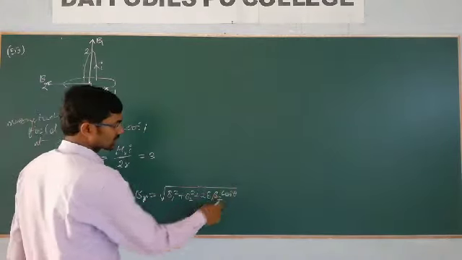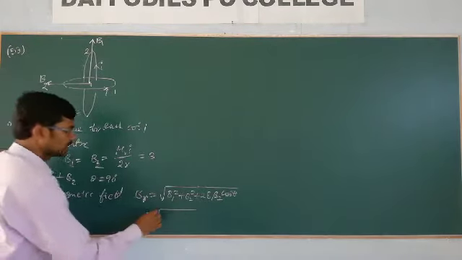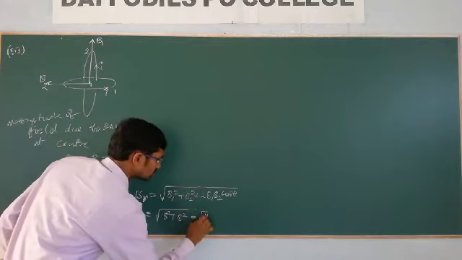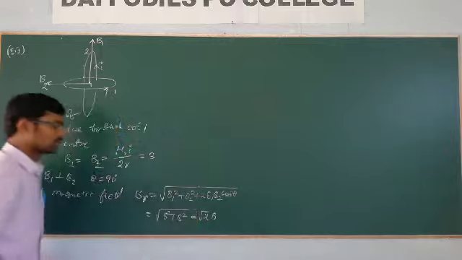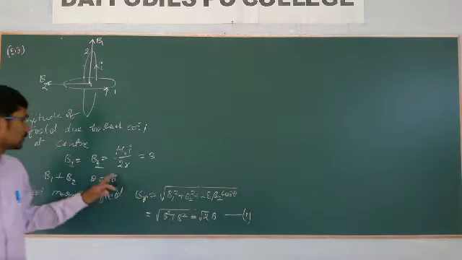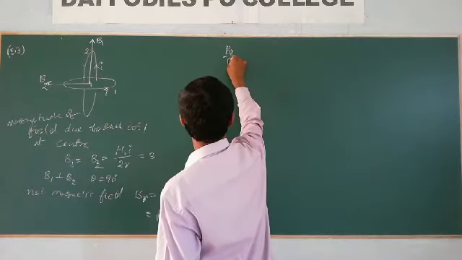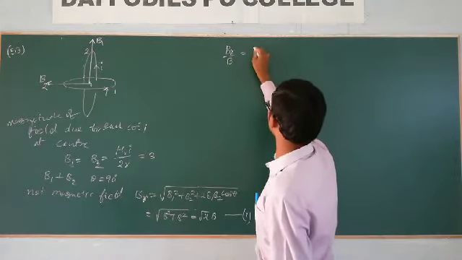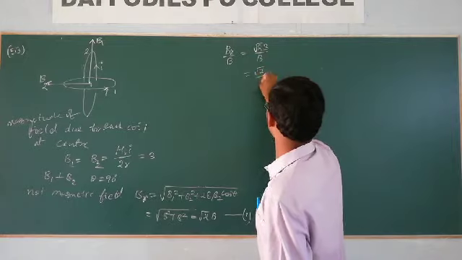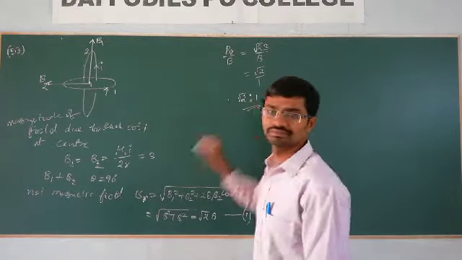Theta is 90 degrees, cos 90 is 0, and B1 and B2 are equal, so B square plus B square is root 2 B square, that is equal to root 2 B. They are asking the ratio of the resultant magnetic field to that of one coil. B resultant by B is root 2 B by B, that is root 2 by 1. Therefore, root 2 is to 1 is the answer.